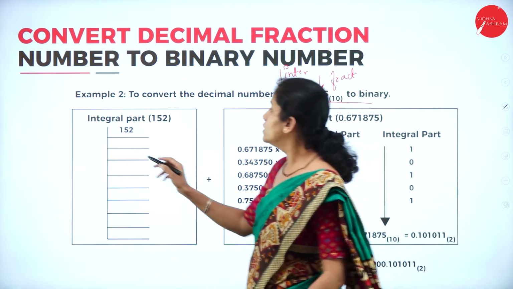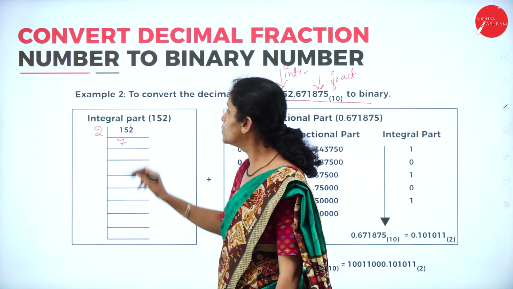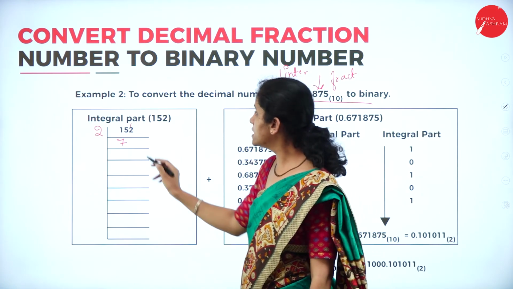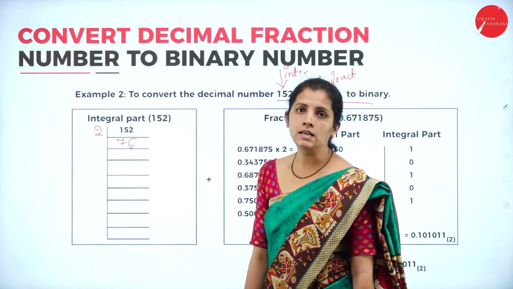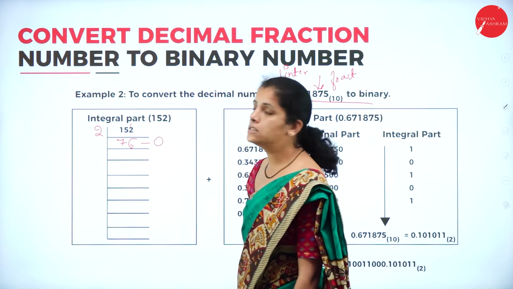So here, 2 sevens are 14. Then it is 12. 2 sixes are 12 and the remainder is 0.